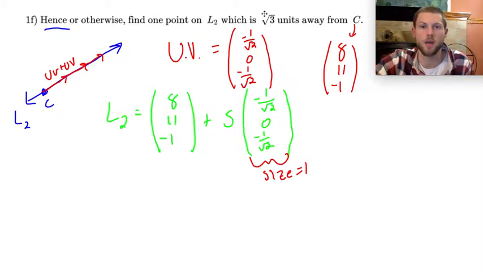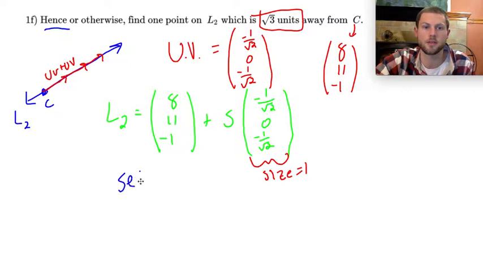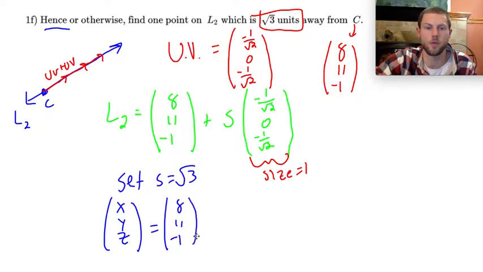So in this case, I want to go the square root of 3 units away. So what I need to do is set s equal to the square root of 3. And then I'm just going to plug away. So the position vector xyz is going to equal 8, 11, -1, plus the square root of 3 times -1 over root 2, 0, and -1 over root 2.